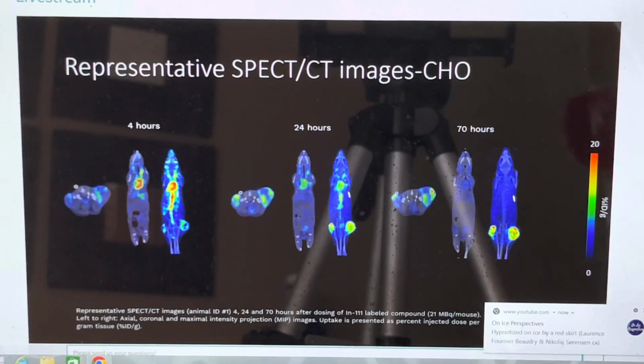Yes, the obligatory image, and sorry if I only have this one in this case. You see basically what we have talked about before. So you see the blood pool at the early time point, and then the tumor accumulation at later time points.